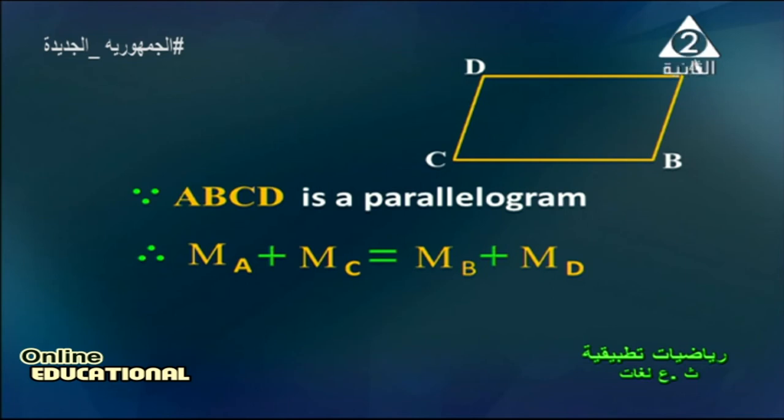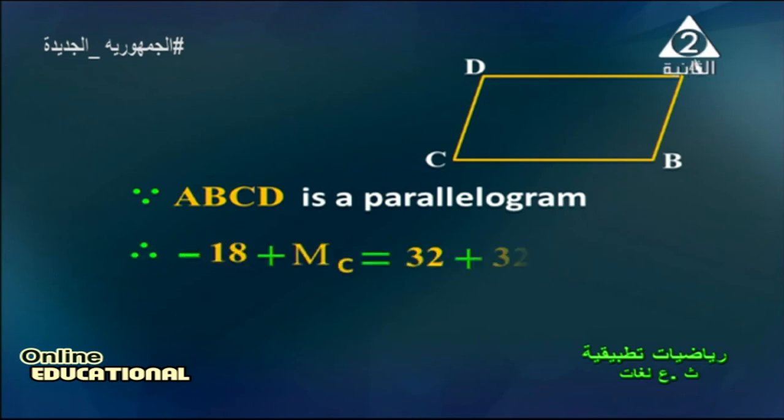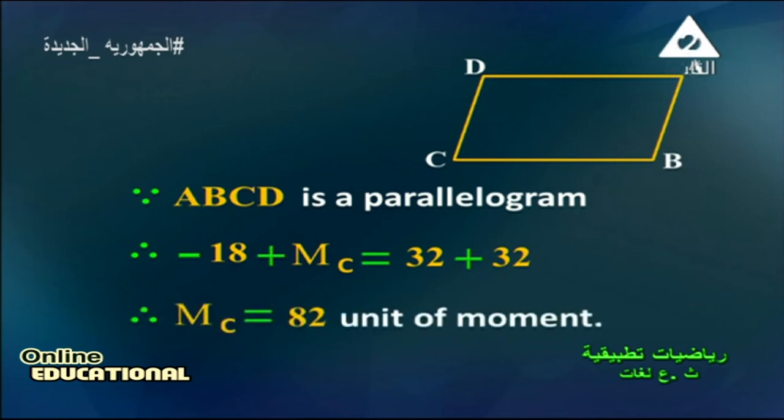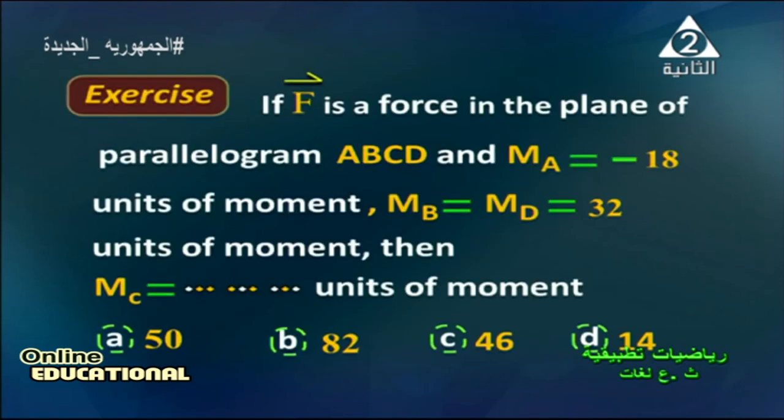MA plus MC equals MB plus MD. Then negative 18 plus MC equals 32 plus 32. Negative 18 plus MC equals 64. Then MC equals 64 plus 18, which equals 82 units of moment. And we can choose letter B.